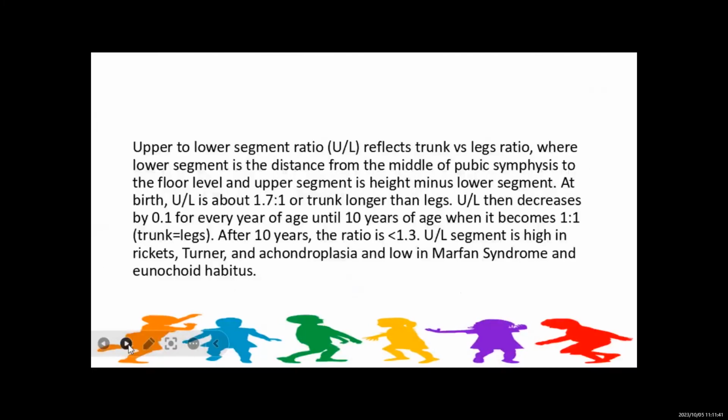Something else that you were asking was about the upper to lower segment ratio. First, it reflects the trunk over the legs ratio. The lower segment is basically the distance from the pubic symphysis to the floor level, and the upper is from the pubic symphysis to the top.